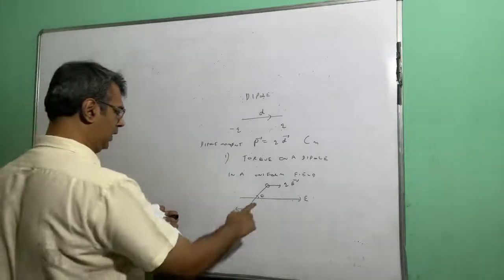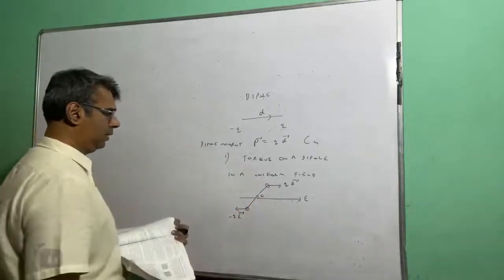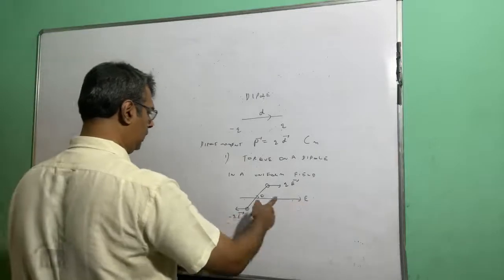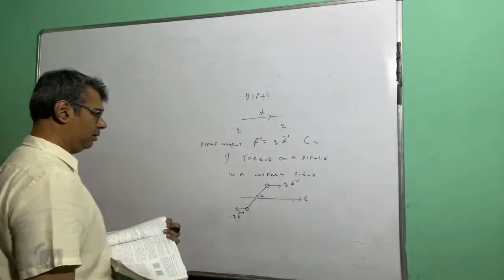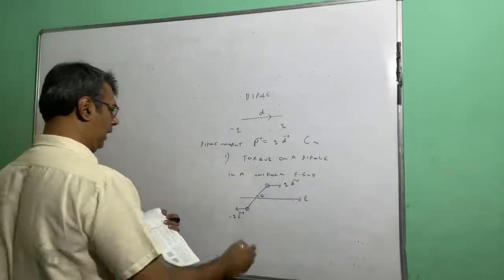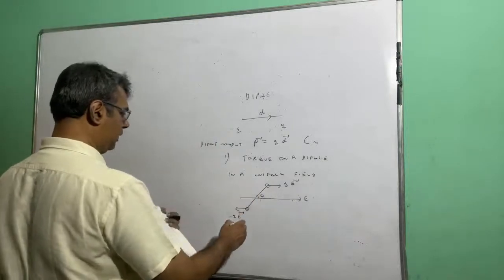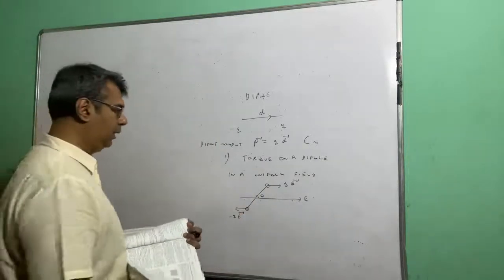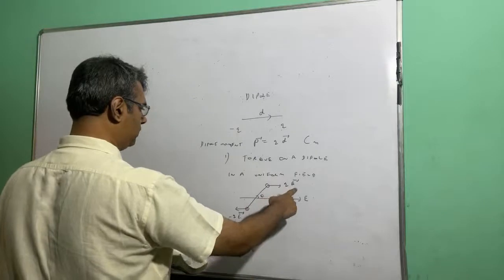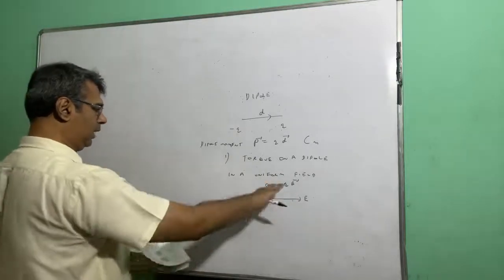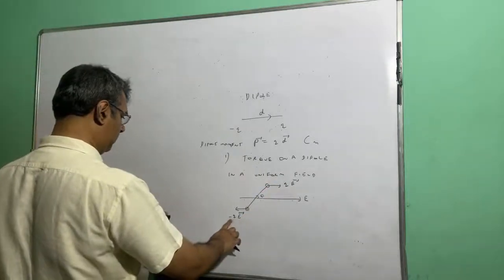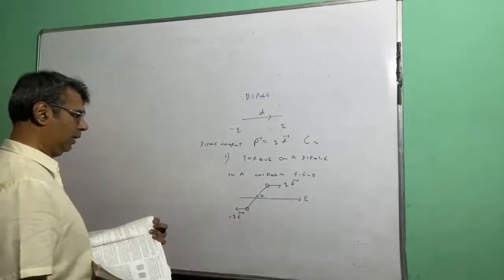The axis makes an angle theta with the electric field, and the distance between the two charges is d. The force acting on the positive charge will be qE, to the right, and the force on the negative charge will be minus qE, to the left.